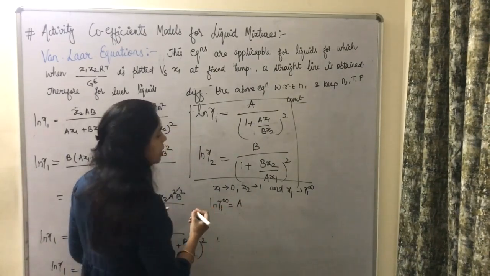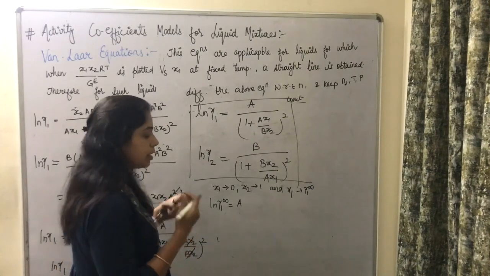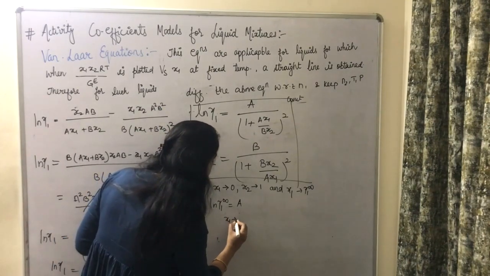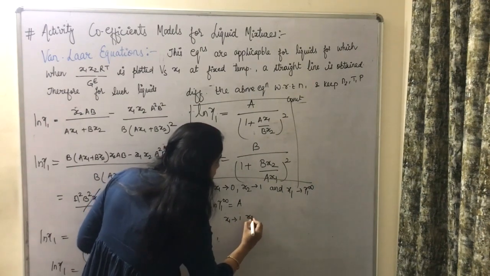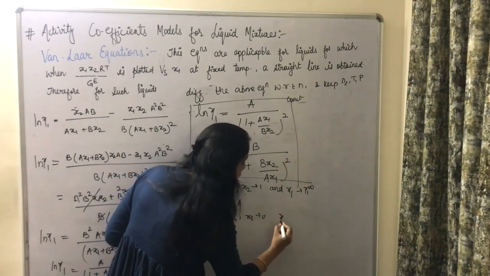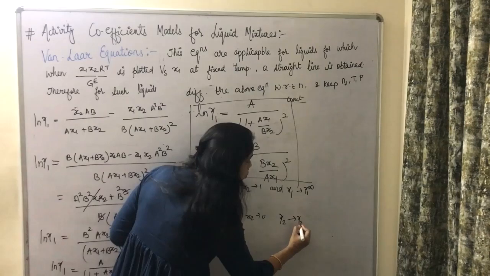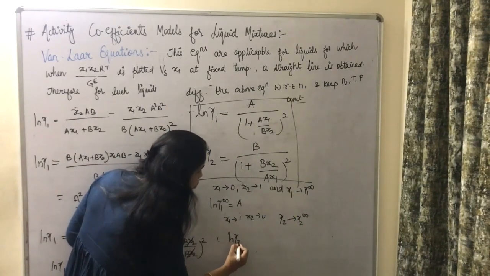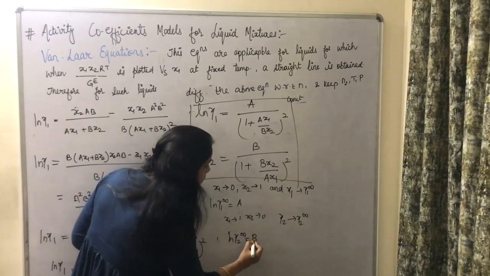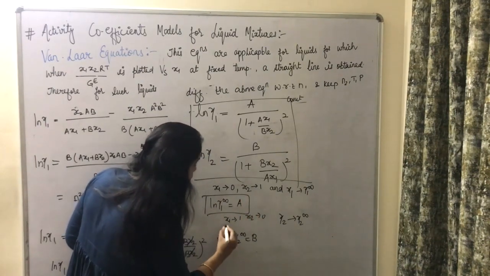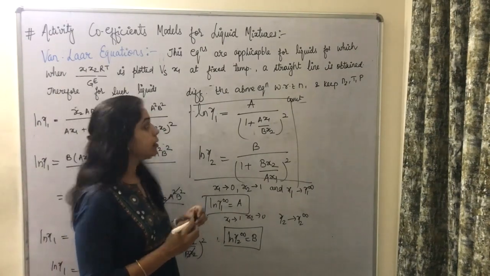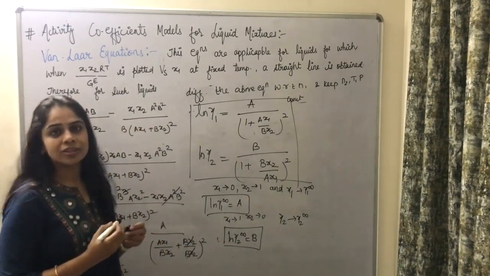And similarly for infinite dilution of component 2, when x1 tends to 1 and x2 tends to 0 and gamma 2 tends to gamma 2 infinity, we get ln gamma 2 infinity equal to b. So these are the two important relations, and this is all about the Van Laar equation. Thank you.